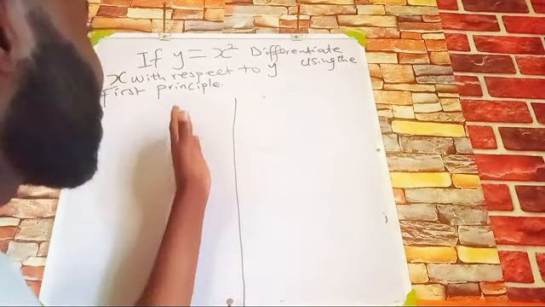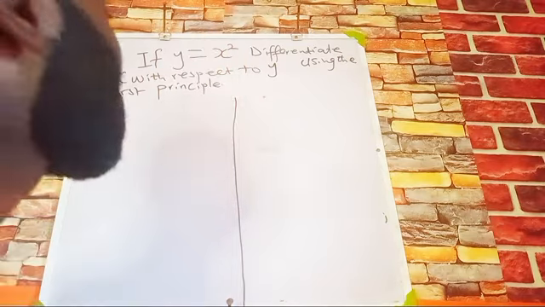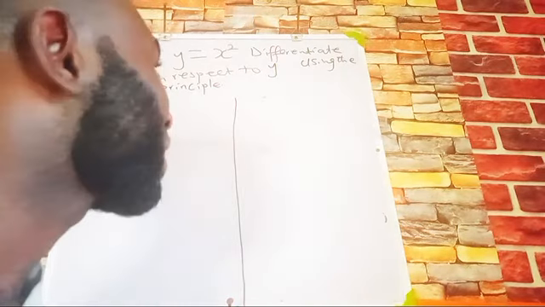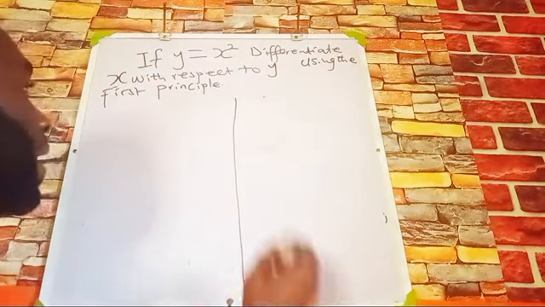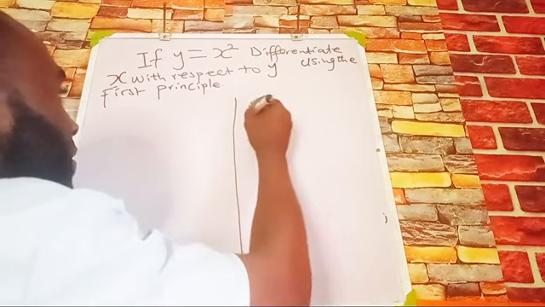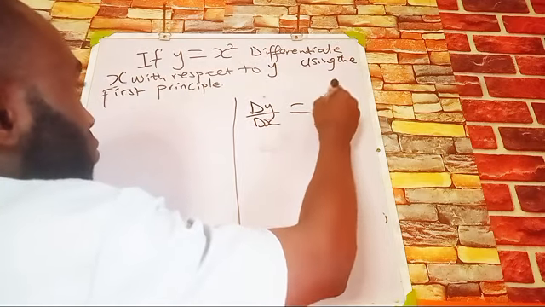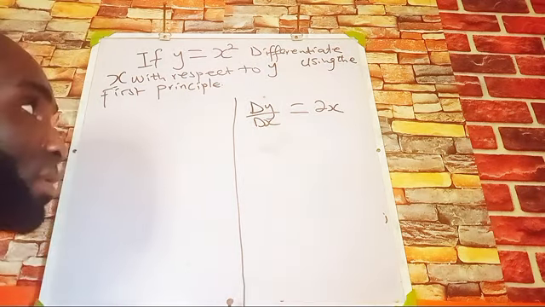So today we are differentiating y with respect to x using the first principle. At the end of the class, I will show you why dy/dx is equal to 2x.